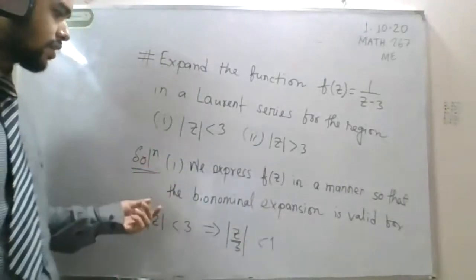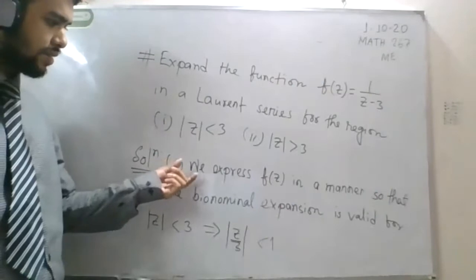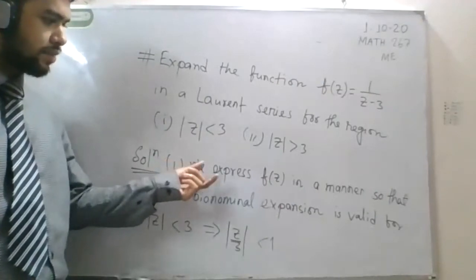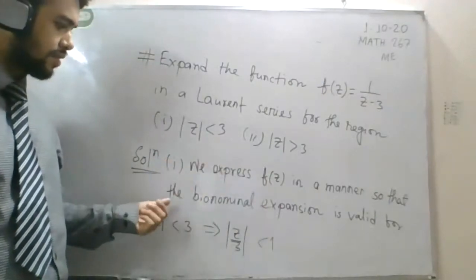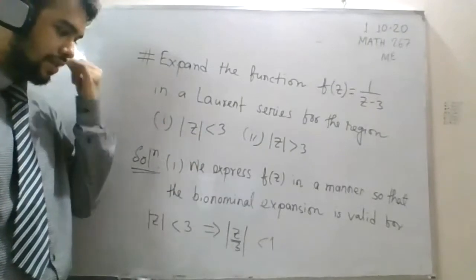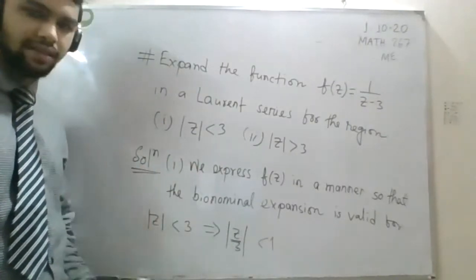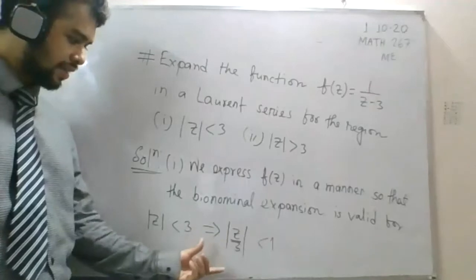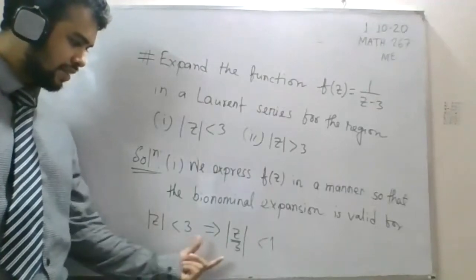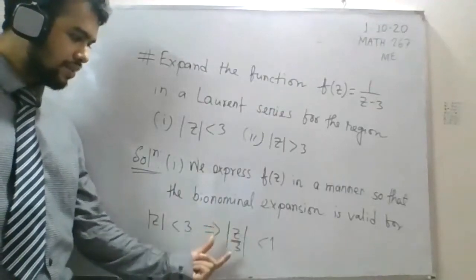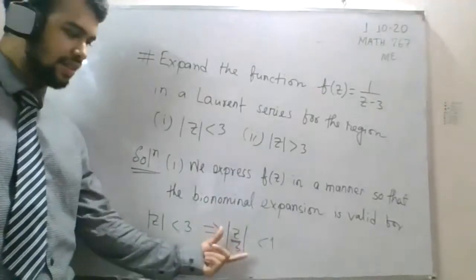So for the first region, let's take a look here. We express it in a manner so that the binomial expansion is valid for modulus of z less than 3, where I also rearrange the term in this way: z by 3, modulus of z by 3 less than 1.